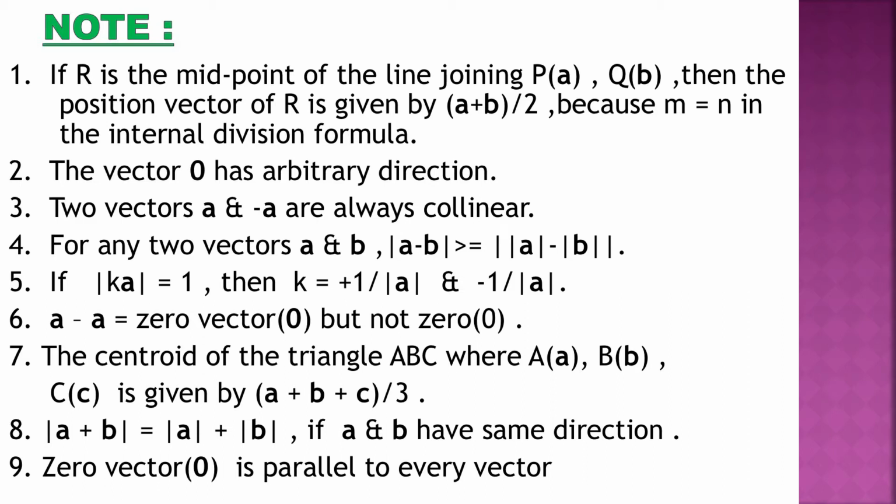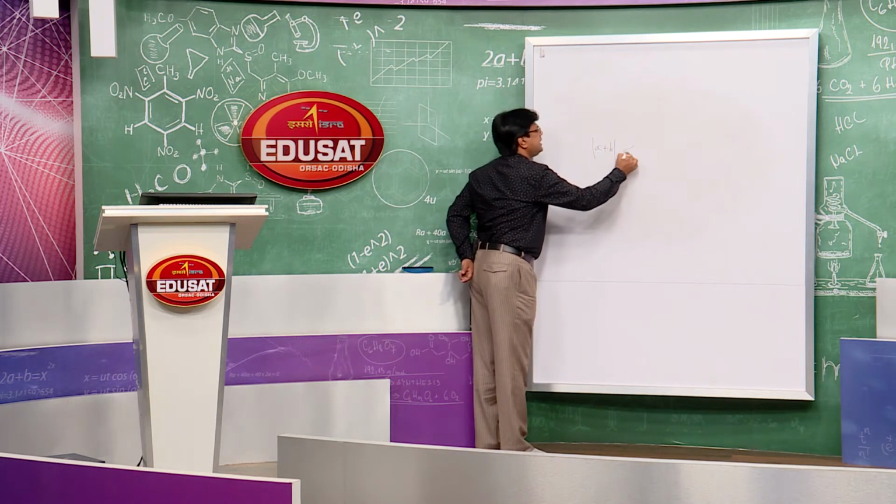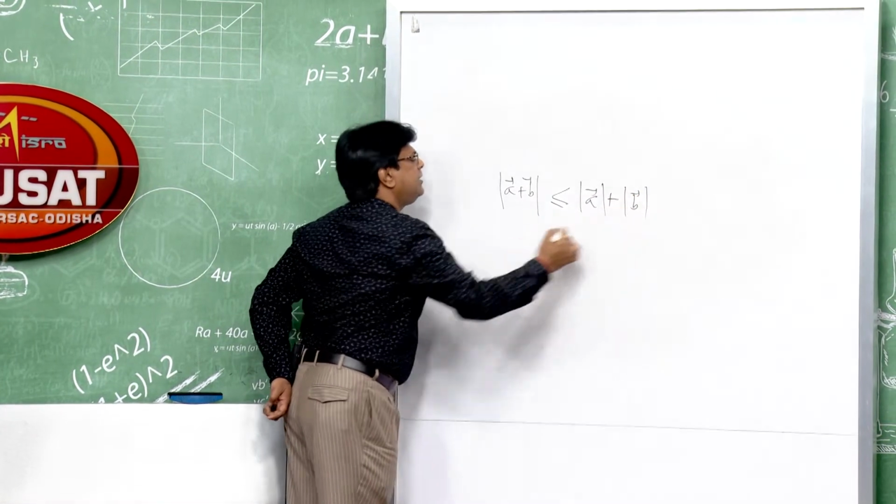For any two vectors A and B, the magnitude of A plus B is less than or equal to the magnitude of A plus the magnitude of B, that is called the triangle inequality theorem.